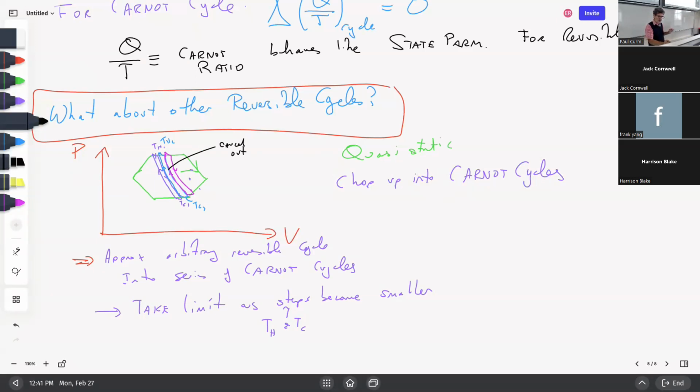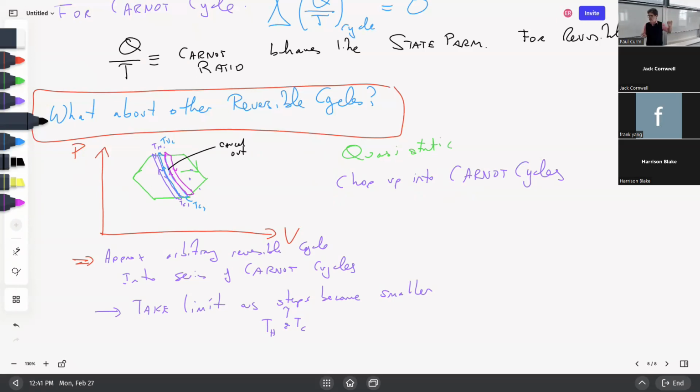As I move across that top green line, the temperature is going up. As I move down the second green line, the temperature is probably going down, then going up again. So the temperature at all points is not going to be the same.